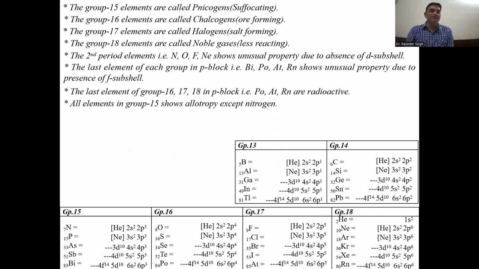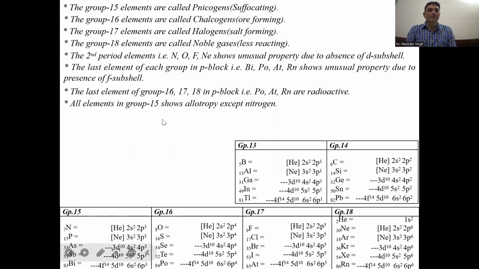are radioactive also. All elements in group 15 show allotropy except nitrogen. Nitrogen shows no allotropy. Allotropy means the existence of an element in more than one form. Like phosphorus exists as white phosphorus, red phosphorus, and black phosphorus.